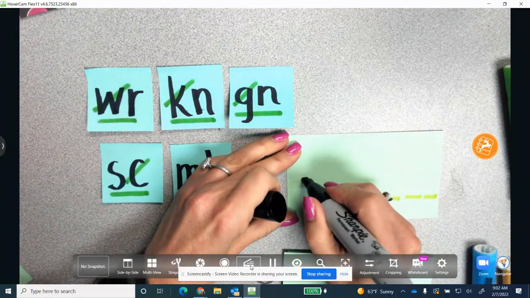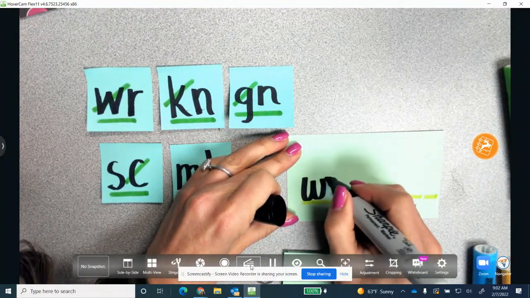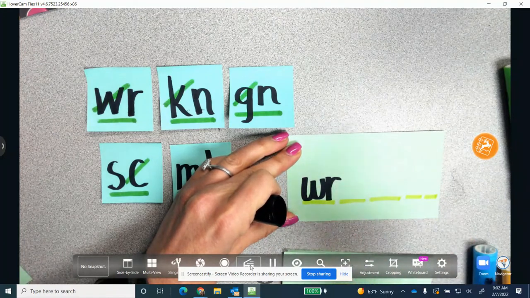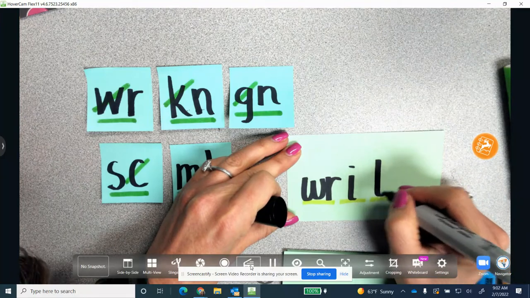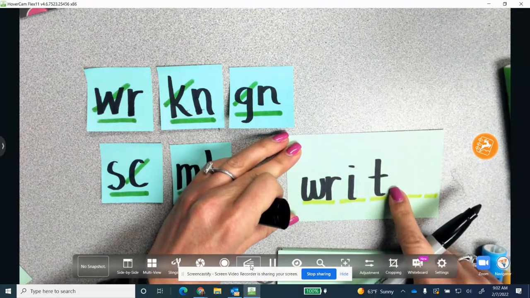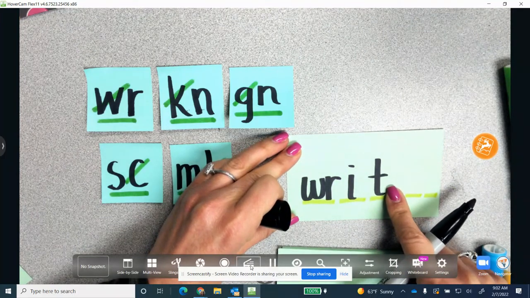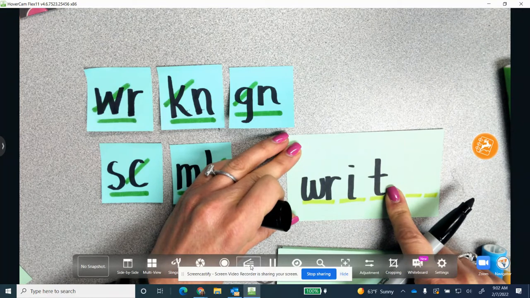So we're going to start with this digraph, W-R. Now, boys and girls, there is a silent E here. But the second thing we should know about this word is it has the ending ing added to the verb write.